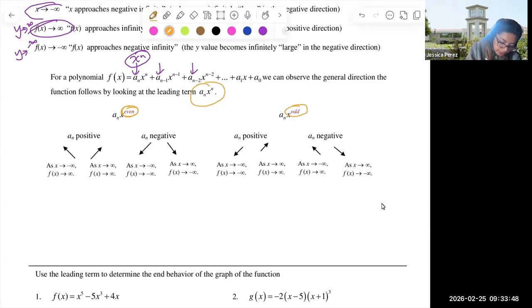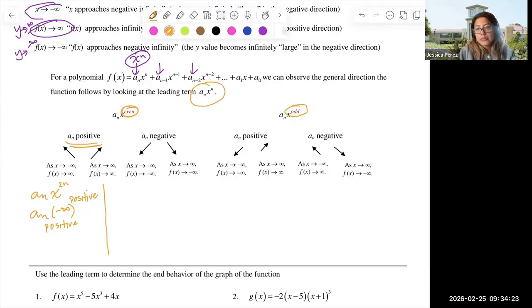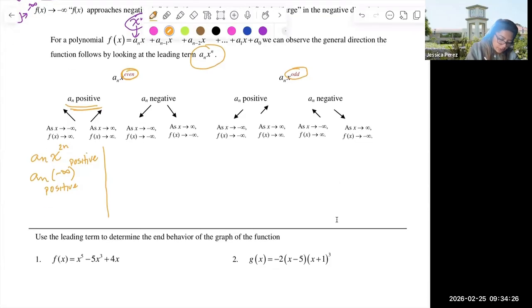So when we have the function a sub n, x to the 2n, an even polynomial, what happens as x goes to negative infinity? So a sub n is positive, our coefficient is positive, but what happens as x approaches negative infinity? Well, we have a negative infinity to a positive even power. That means that the endpoint will still be positive. Same thing here.